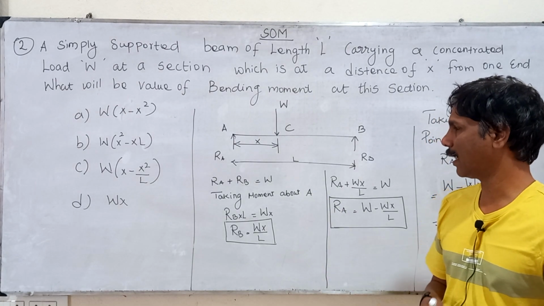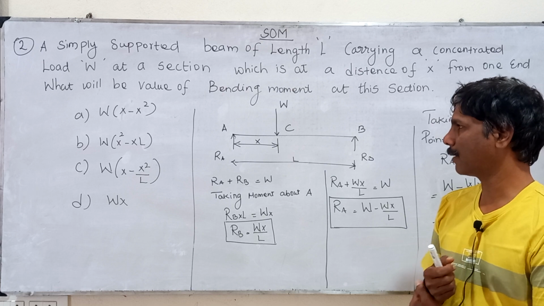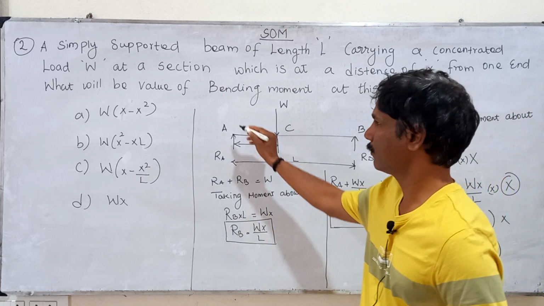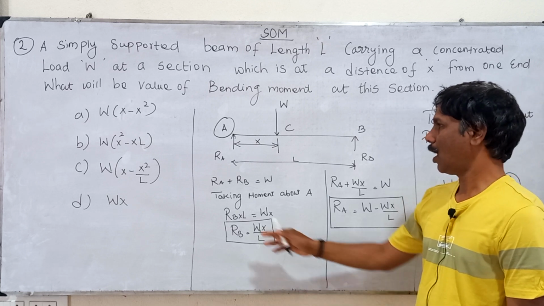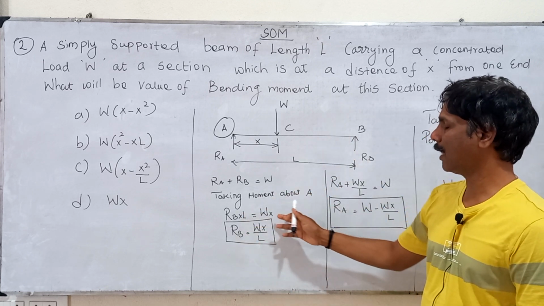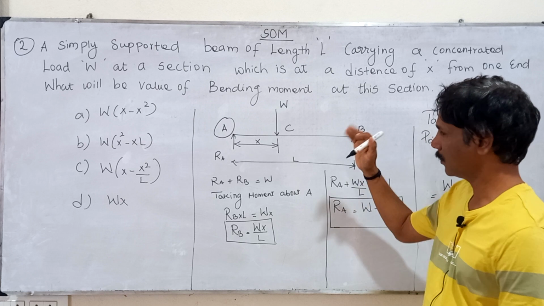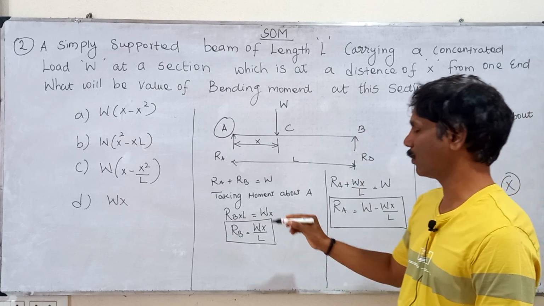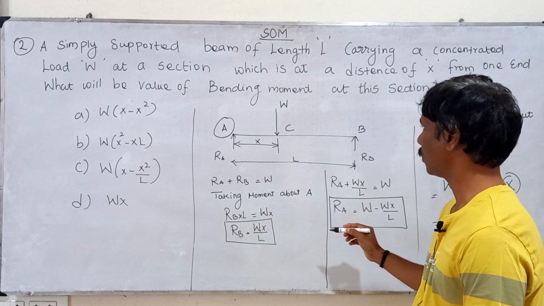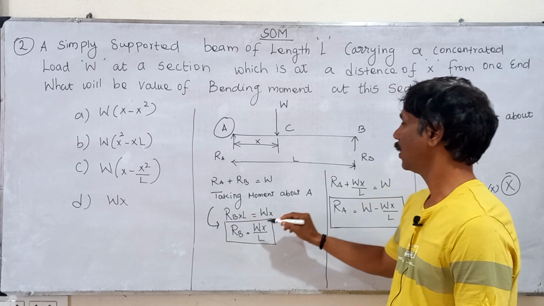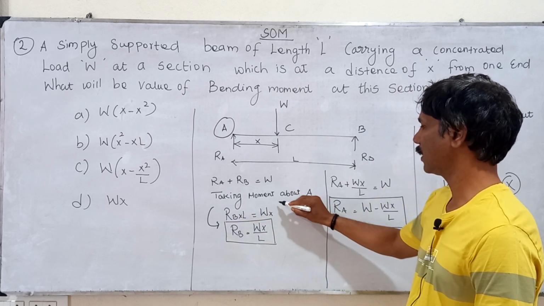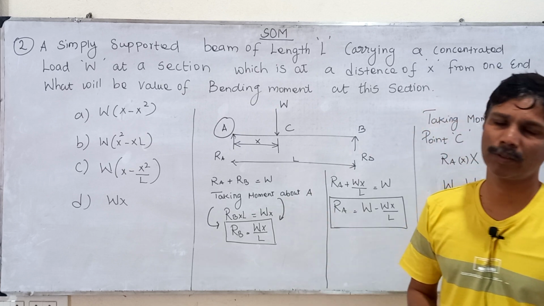Next, we have to take the moment about A. So this is the point A. Rb into L is a counterclockwise moment. W into x is a clockwise moment.